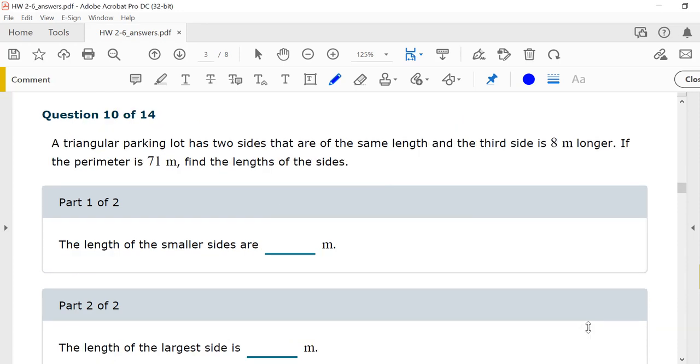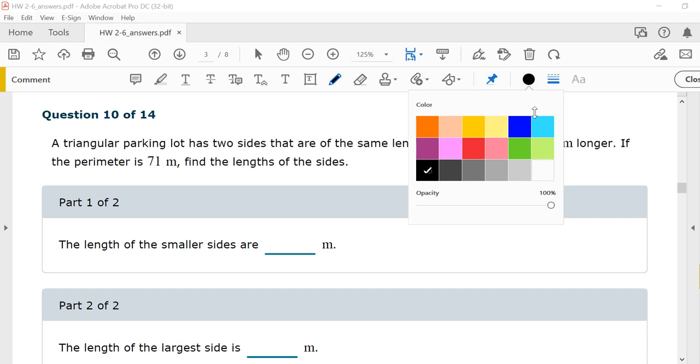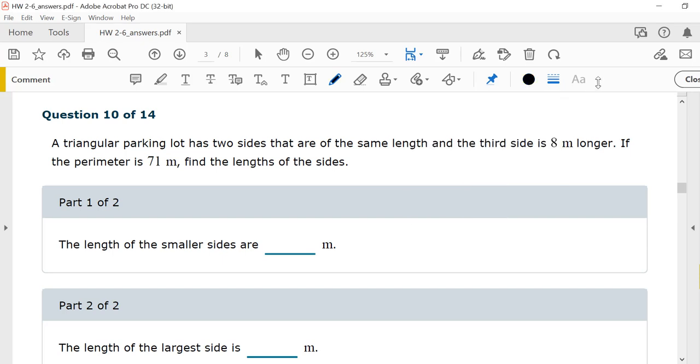Number 10. A triangular parking lot has 2 sides that are the same length and a third side that's 8 meters longer. If the perimeter is 71 meters, find the lengths of the sides. So you have 2 sides that are the same length.